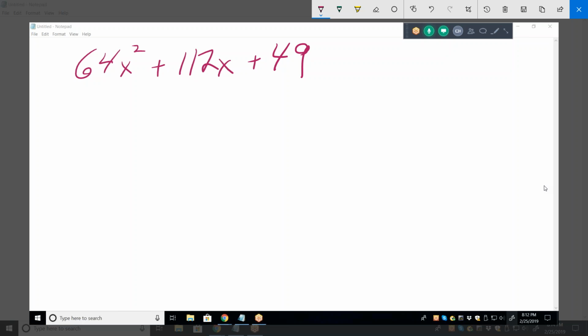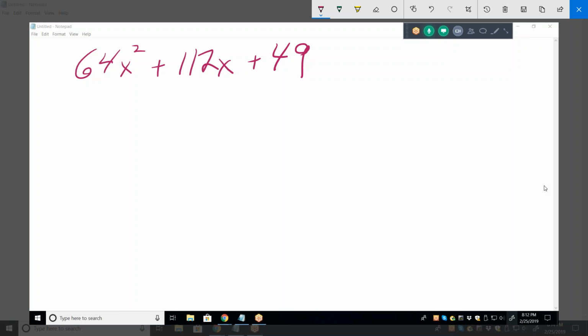Well, I mean, first you could take out a greatest common factor, I think. I would look to take out a greatest common factor, but almost rule that out instantly because there are not that many numbers that divide into 49. Remember that the greatest common factor has to divide into each of these three numbers equally.